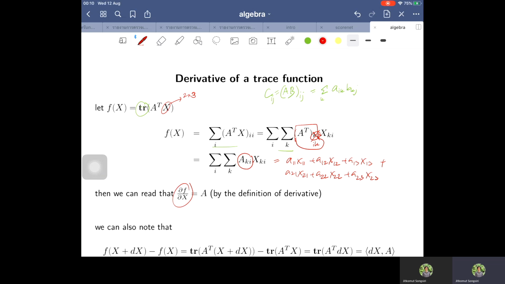Now, the first derivative is going to be a matrix of size m by n, so it's going to be 2 by 3. And how do we get this? Just take the derivative of this with respect to x11, which is A11, with respect to x12, which is A12, A13. So very simple, the final result is simply A.